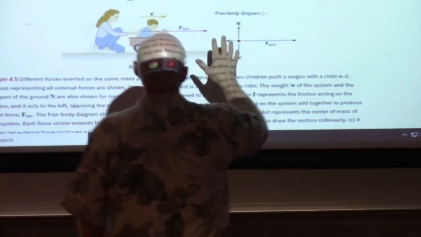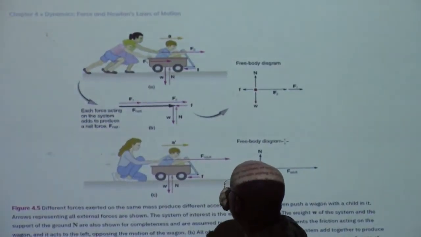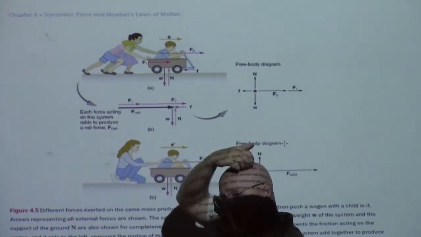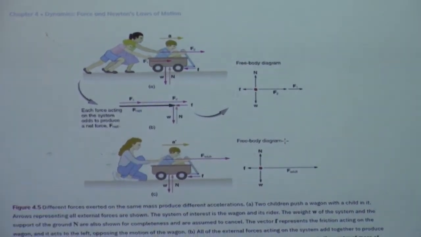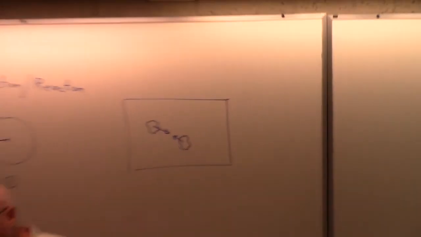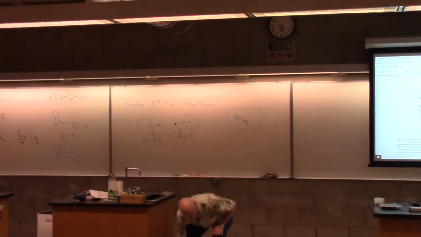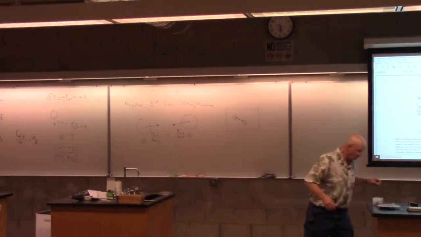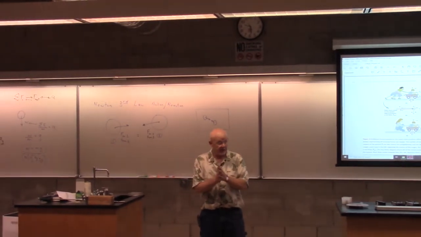So here's our picture. So there'd be this weight pulling down. Oh, what's this N? Okay, normal, that was one of the forces we're talking about, right? And so this wagon is sitting on top, it's pushing down, it's compressing, as we did earlier, so there would be an upward force from the wagon. That's what we call the normal force.